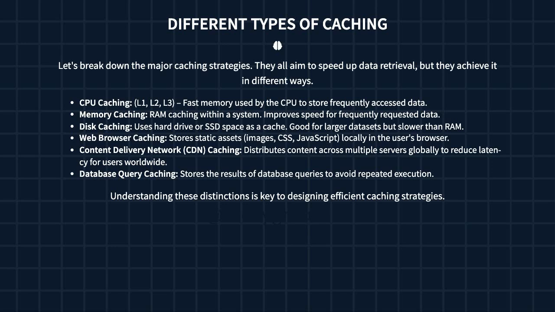For web applications, browser caching is huge. It stores images and scripts locally so pages load faster without constant requests. And don't forget CDNs. These distribute content across servers around the world, bringing data closer to users. Finally, databases often employ query caching to avoid running the same complex queries repeatedly.